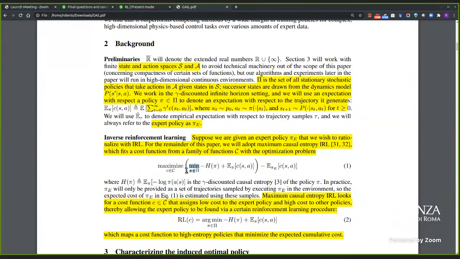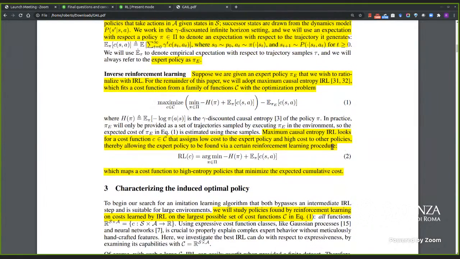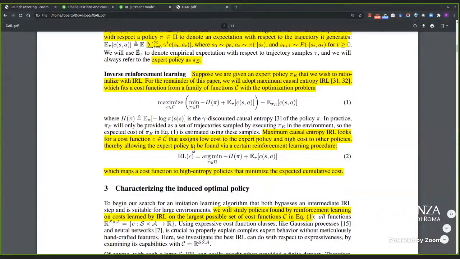One is over the policy, the other one is over the cost function. So maximum causal entropy inverse reinforcement learning looks for a cost function C in C that assigns low cost to the expert policy and high cost to the other policies, thereby allowing the expert policy to be found by means of a certain reinforcement learning procedure, which is exactly what I was saying. It's trying to minimize this term over here. So minimizing the cost and maximizing the entropy.